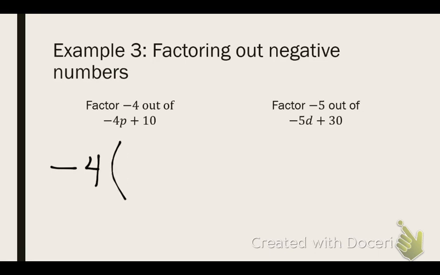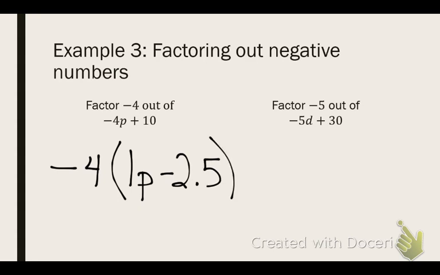what's -4 divided by -4? Positive 1p. And what is positive 10 divided by -4? Guys, use your calculators. -2.5.